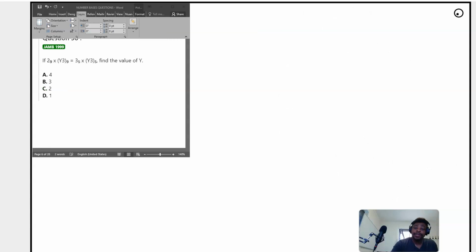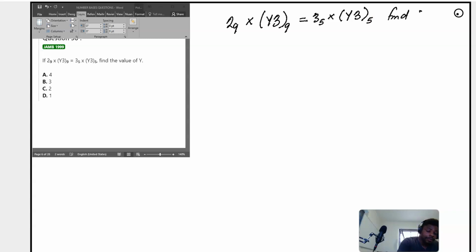Now let's take the next one. 2y9 times 3 raised by 9... that is, 2y (base 9) times 3 is equal to 3y3 (base 5). We are looking for y. So let's convert this one to base 10. Okay?